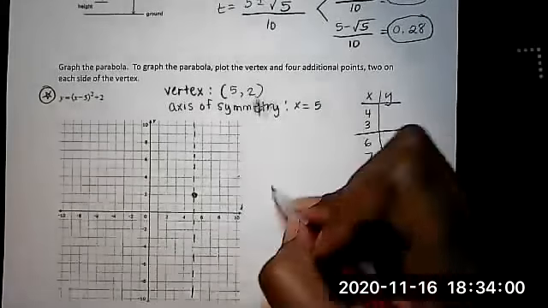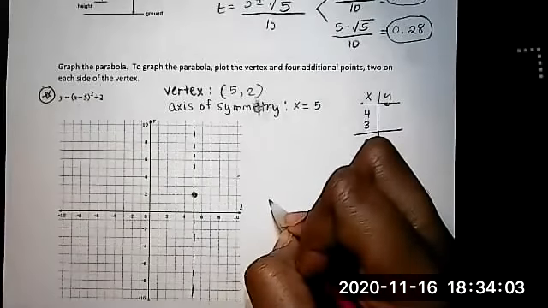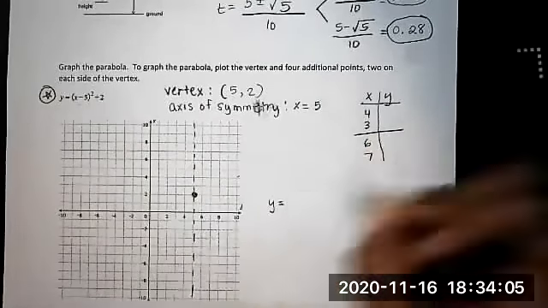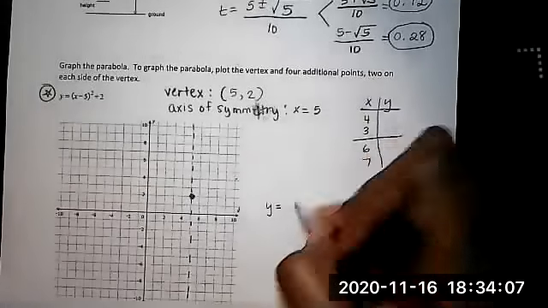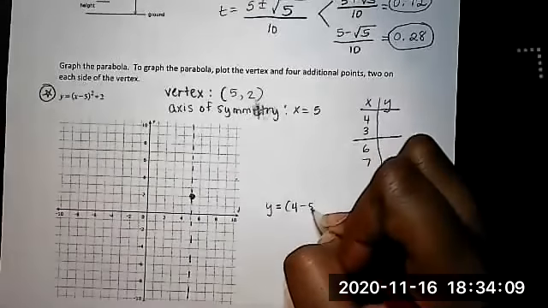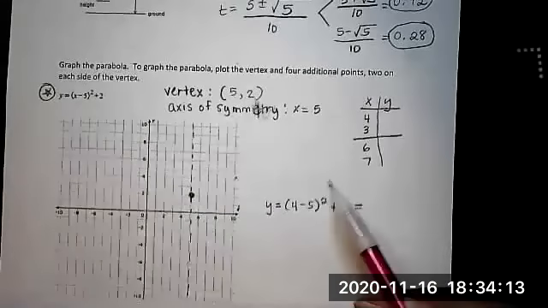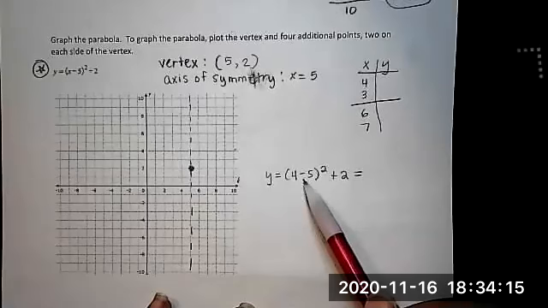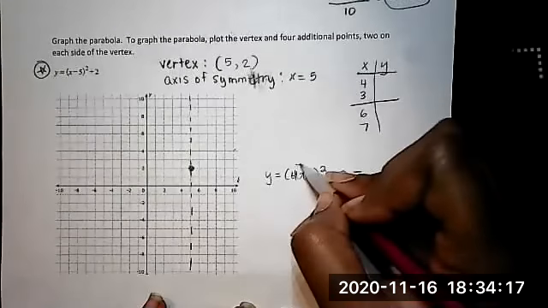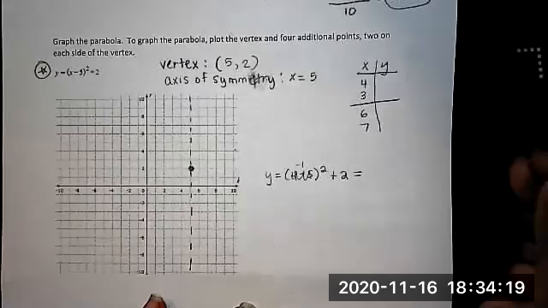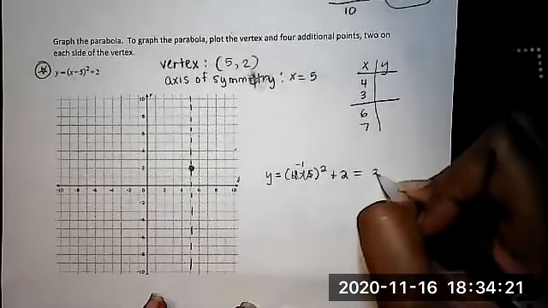So let's do that. This now becomes y equals, replacing x with 4, 4 minus 5 squared plus 2, okay? Of course, 4 minus 5 is -1, and -1 squared is just +1. 1 plus 2 is 3.